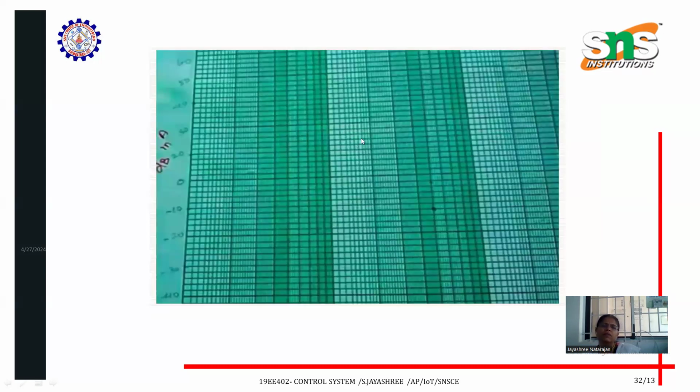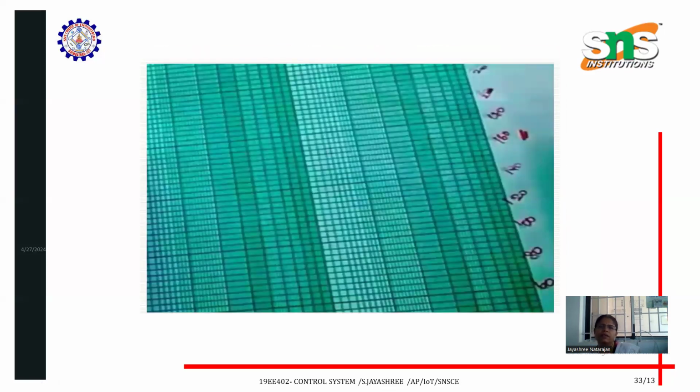Right. Similarly, here 0, 10, 20, 30, 40, 50, 60 like that. So here minus 10, minus 20. We are getting minus 12 decibels. So both the minus and plus values we are taking on the left side of the semi-log sheet. And on the right side of the semi-log sheet, we need phase values to draw the phase plot.